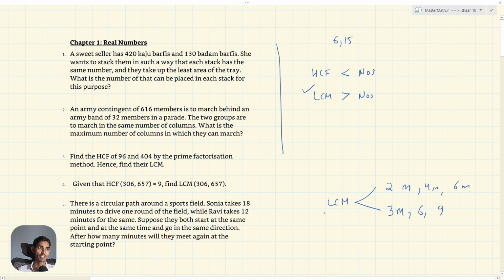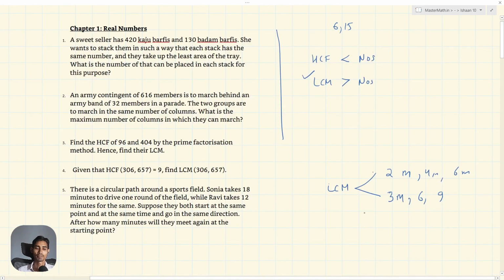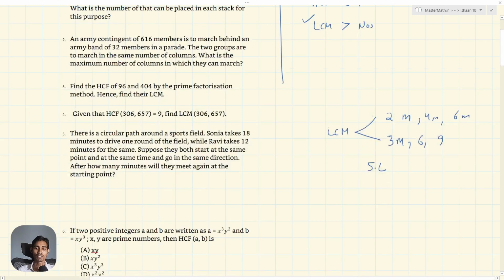And suppose there is a 5 liter vessel and a 15 liter vessel used for some liquid, maybe petrol, diesel, milk, whatever it is. I want a measuring container that would measure these two values.